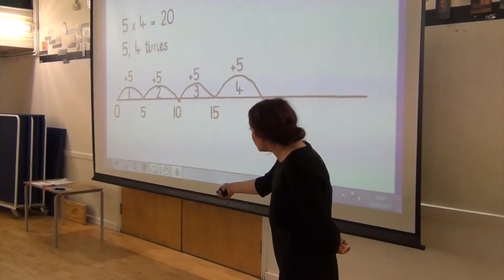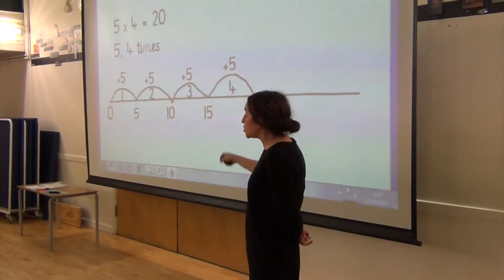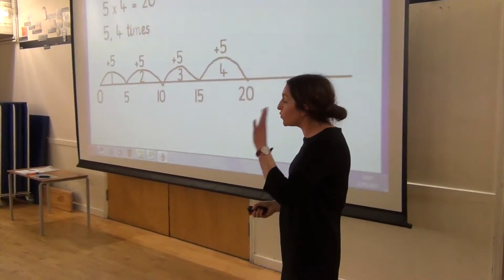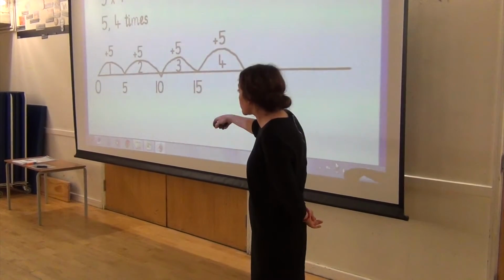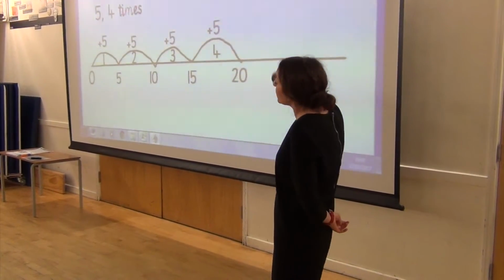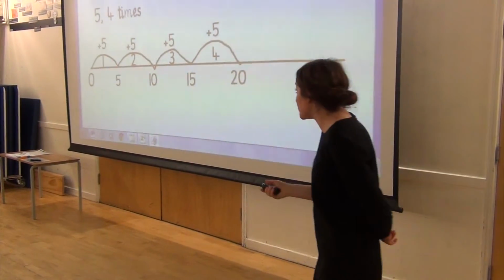So they would have an empty number line and jump in steps of 5, 4 times. They go 1 jump, 2 jump, 3 jump, 4 jump, and then they will see that 5, 4 times is 20.